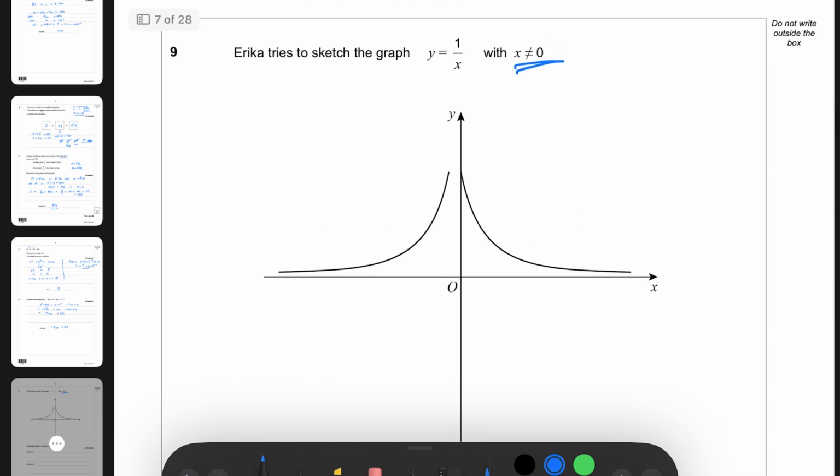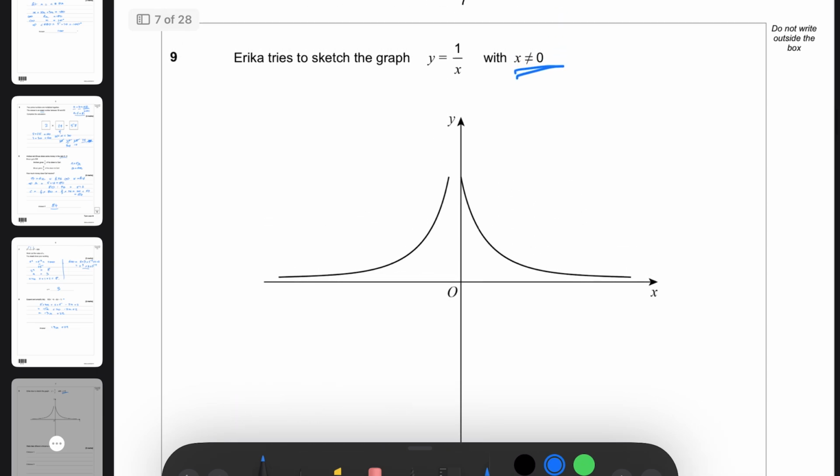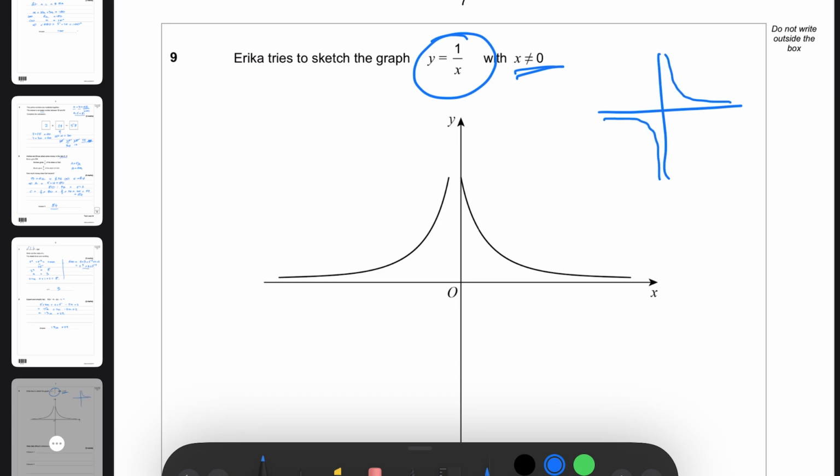If you're doing the higher exam or even foundation, you've probably seen this graph before. It's pretty standard, with 2 asymptotes. In the negatives, you divide by a negative number, so obviously it's going to be negative, and you can't divide by 0. When you have a very small x that's not 0, then 1 divided by that very small number gives quite a large number, running off to infinity, and vice versa.